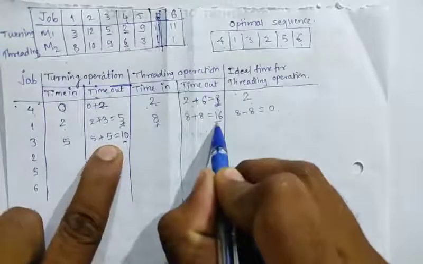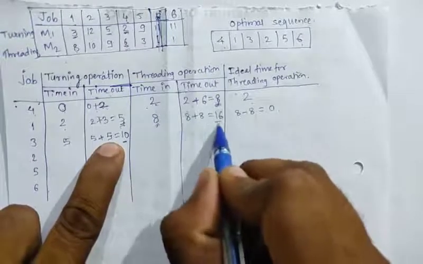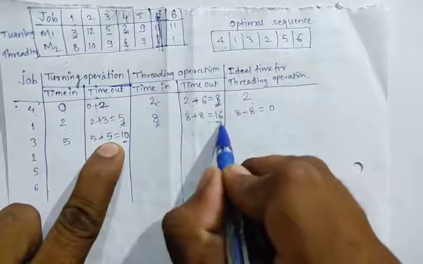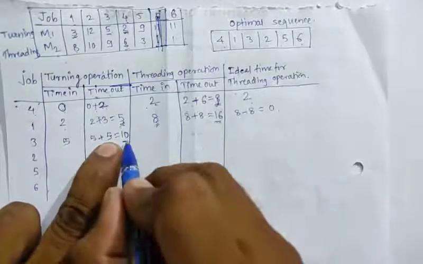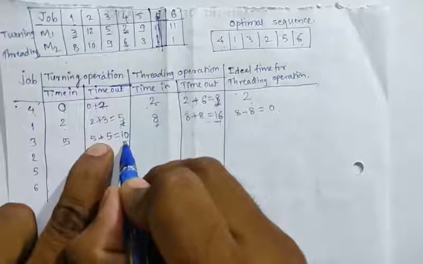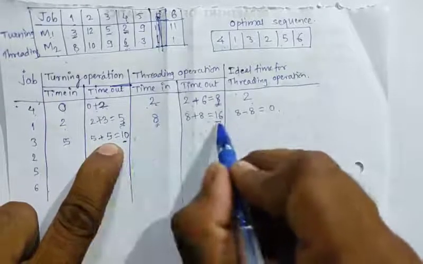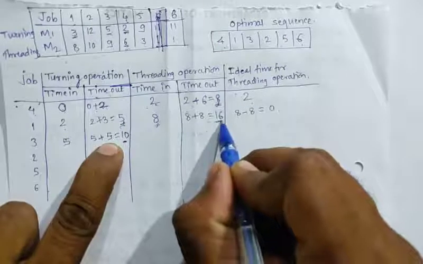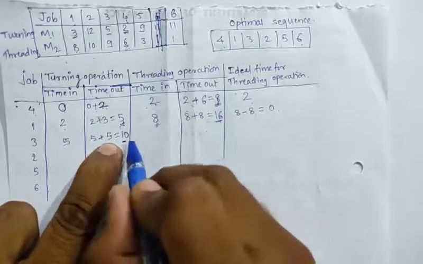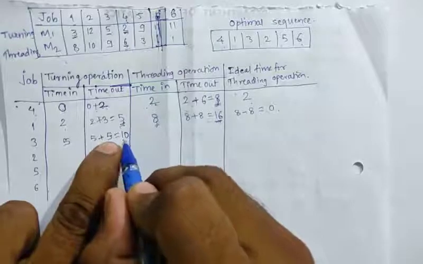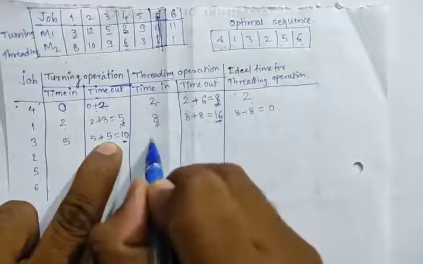Which is 16, because the second machine requires 16 minutes, and machine M1 requires 10 minutes, but after completing the second machine, then it accepts the first. So machine M1 will be waiting here, so we take 16 minutes.